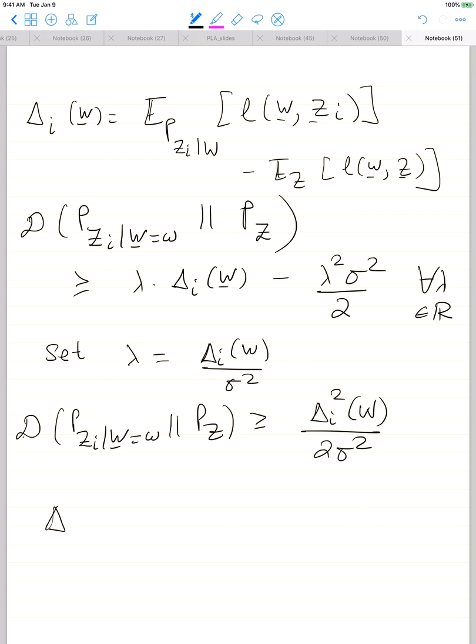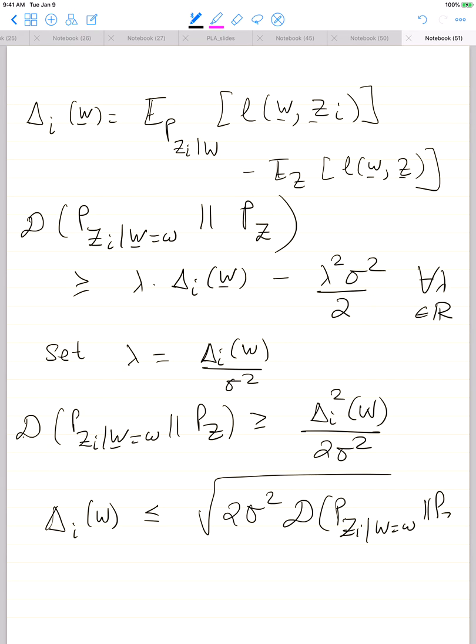Or what we have shown is that delta I of W is less than square root of 2 sigma square D of P of Zi given W equals W and P of Zi.